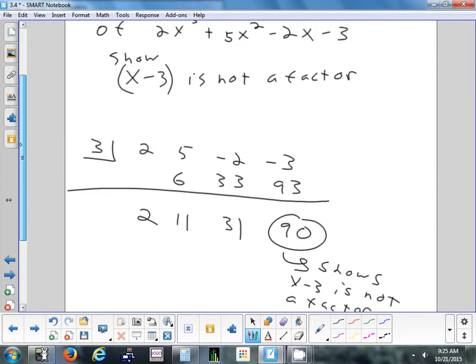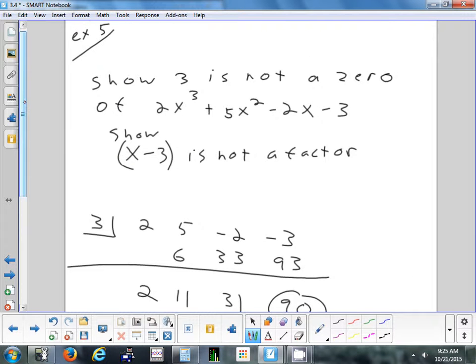Okay, now the other way you could have done it is use the remainder theorem. Remember yesterday I said if all you want to know is the remainder in a problem, you don't have to do division. Just take the number that comes after the minus sign, fill it in for x, and it will tell you the remainder. Okay, let's try it that way and see if we get the same remainder.